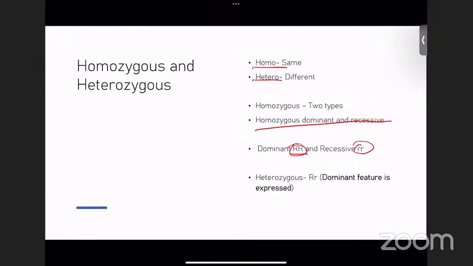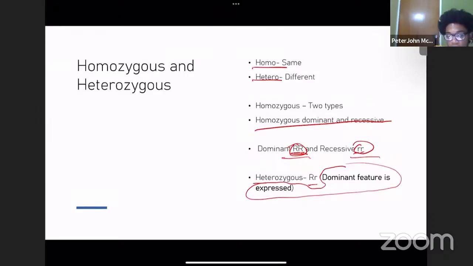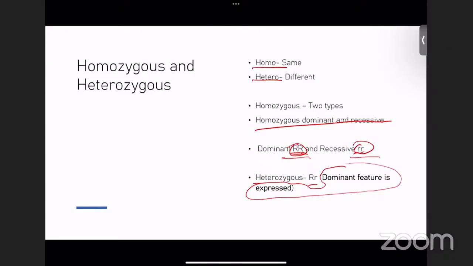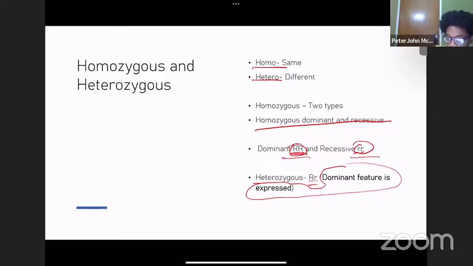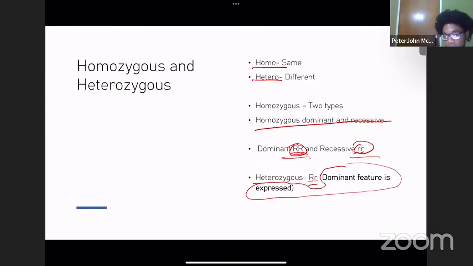This one is homozygous dominant and this one is homozygous recessive. Homo means same, they're the same letter. Heterozygous is Rr, and the dominant feature is expressed. What does hetero mean? Different. So what's different about them? One is dominant and one is recessive, the capital and the lowercase letter. It's just about the letters. Perfect.